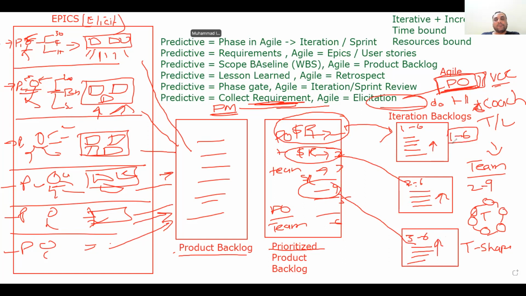When the time finishes, no one is allowed to speak in the middle. No changes are accepted in the middle. When the time finishes, there will be a review meeting. Like in predictive we have phase gates, in Agile we have an iteration or sprint review. In the review meeting, the product owner sits with the customer or sponsor, and on this side will be the team and coach.